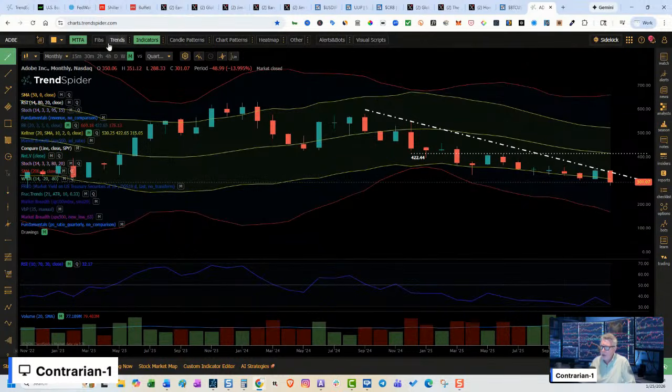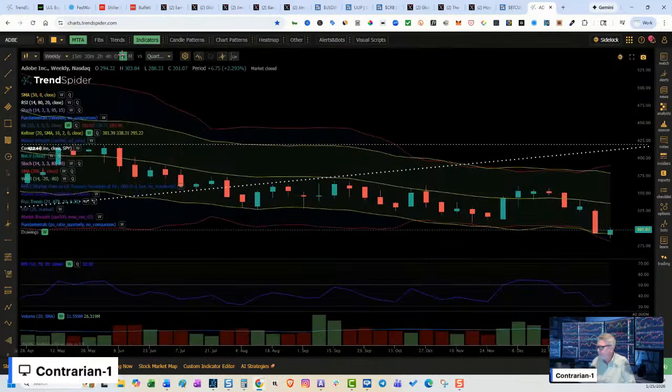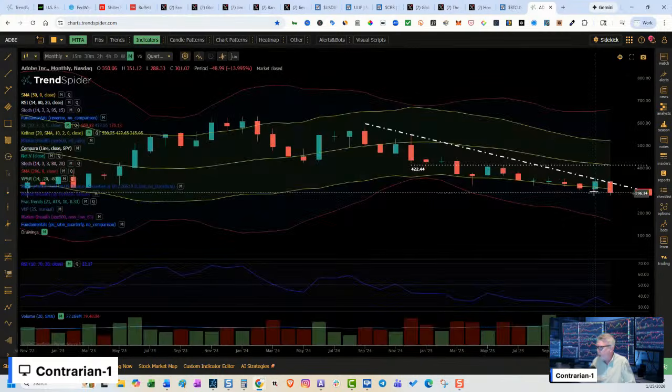So in a situation like this, I do this. This was kind of a shallow bear flag setup, and at current, it looks as though we're going to break that bear flag setup and move lower on Adobe.